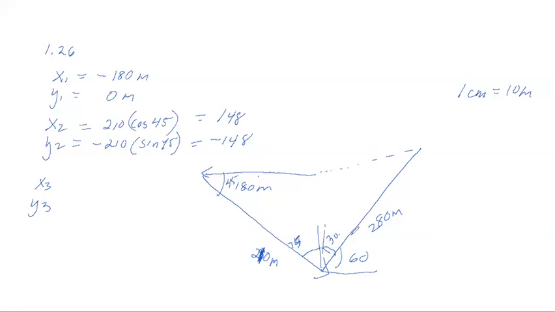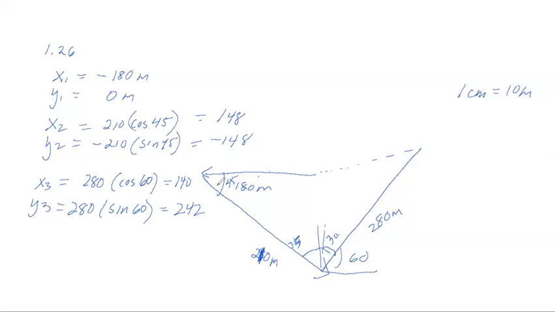I just don't want it, it'd be too confusing for me. I'm going to always do it in terms of that angle with respect to the x-axis, so I can do my conventional cosine and sine values. So it's going to be 280 cos 60, and that's going to be 140, and 280 sine 60, and that's going to be 242.